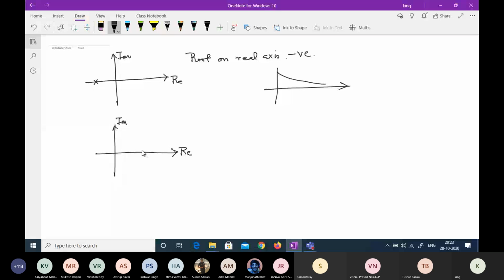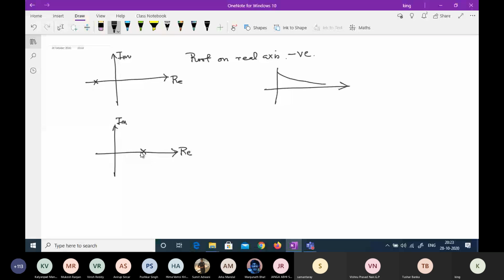If on the other hand I have a root like this, when are you going to have a root like this? When you have a factor of the form s plus a, with a greater than 0.